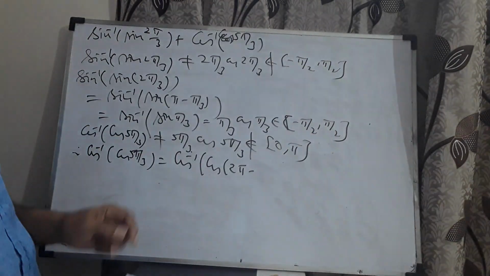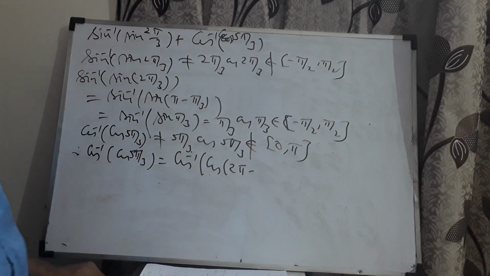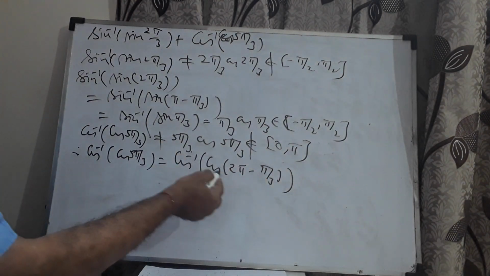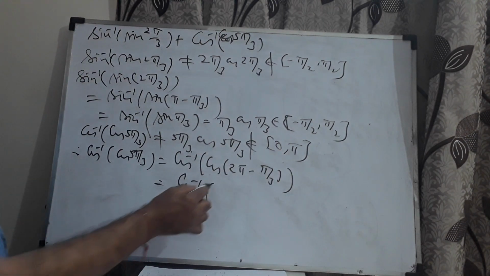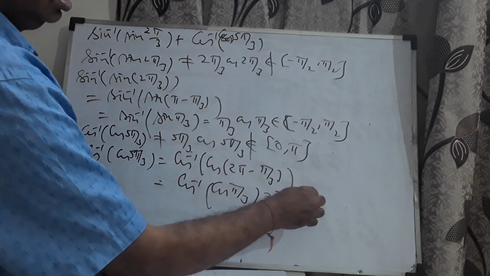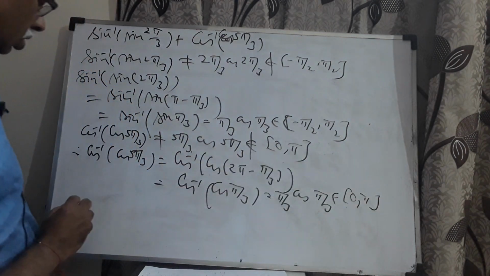I'll just check once again. Yeah, 2 pi minus pi by 3, I'm right. 6 pi minus pi is this much. This is an angle in the fourth quadrant, so simply cos pi by 3, which is reduced to pi by 3 as pi by 3 belongs to the interval 0, pi.